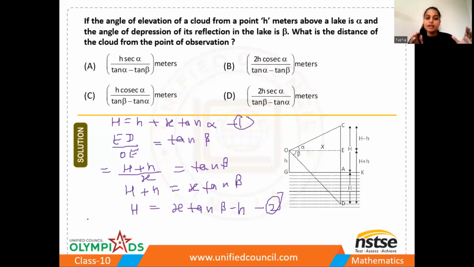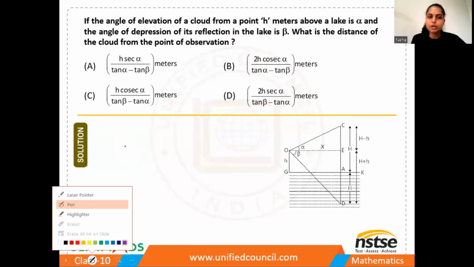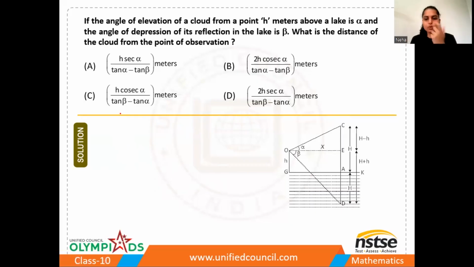Perfect. Now, in equation number 1 and equation number 2, I have the same value, capital H. So I can equate both the equations. It becomes h plus x tan alpha is equal to x tan beta minus h.